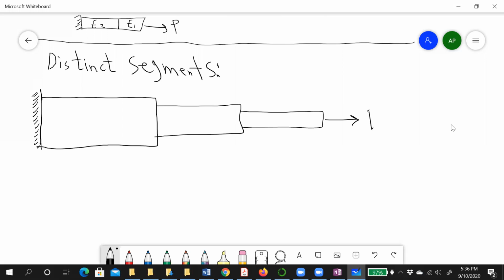Let's use just one force, P. This is point A, this is point B, this is point C, this is point D, and those are the dimensions.